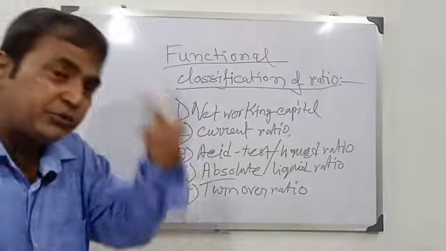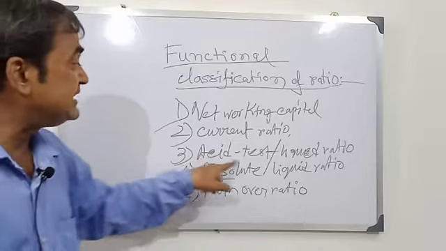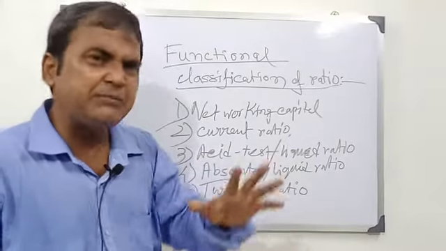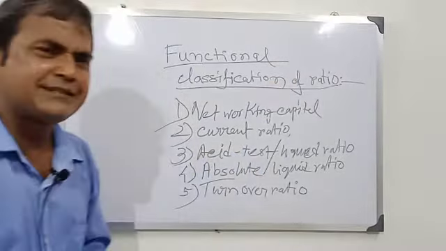The current ratio cannot predict something more precisely. The acid test: acid put on metal, hydrogen evaporates. So the acid test ratio or liquid ratio, then the absolute liquid ratio, will again interpret the liquidity, whether it is better or not. Then the turnover ratio.